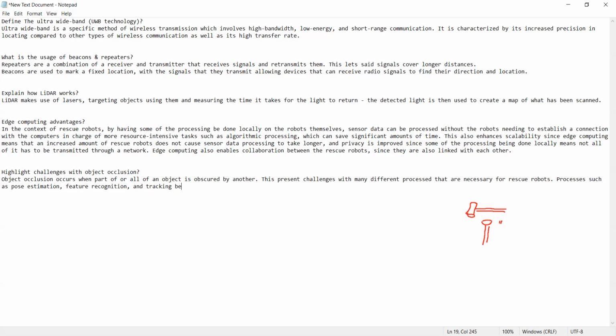So, occlusion, we use it for what? Ask yourself, we use it for what? It's a problem that we face when we are detecting objects or even rescuing people, right? If a human or an object is occluded, this means that we are not able to really recognize it well.